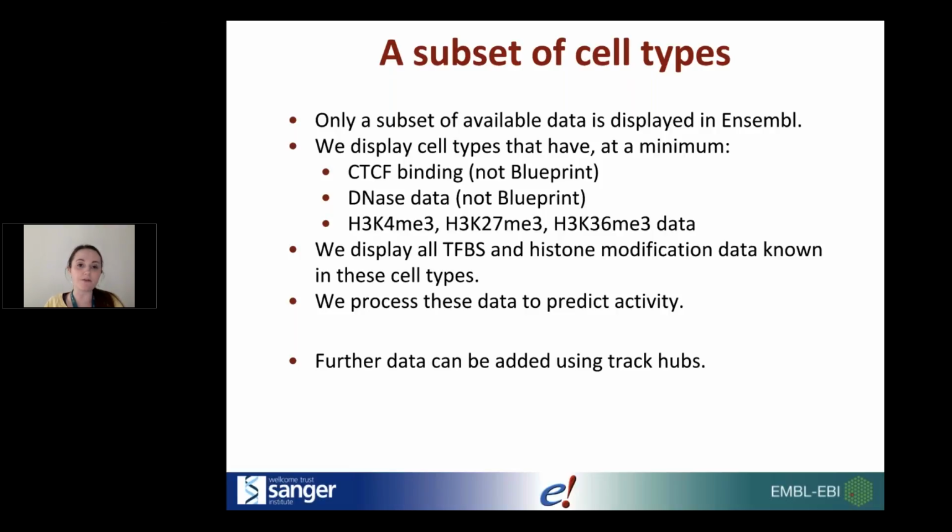Of course, CTCF isn't available from Blueprint. We display all of the transcription factor binding sites, histone modifications, everything that's known in these cell types from those sources, and we process these data to predict activity. We also have track hubs, which I will mention briefly at the end of today's presentation, where you can add further data from these different sources.